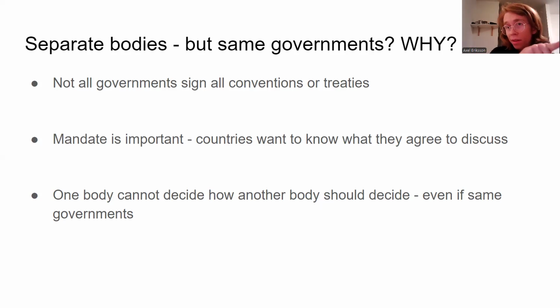The CBD can decide something on its own, and then the UN Climate Convention can get inspired by the CBD, but the CBD can never tell the UNFCCC, the Climate Convention, that you should decide the same thing as we did. So that's also important to remember.